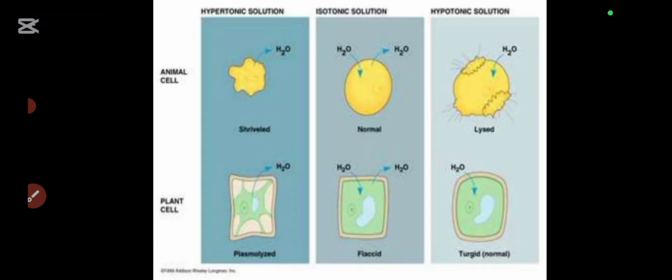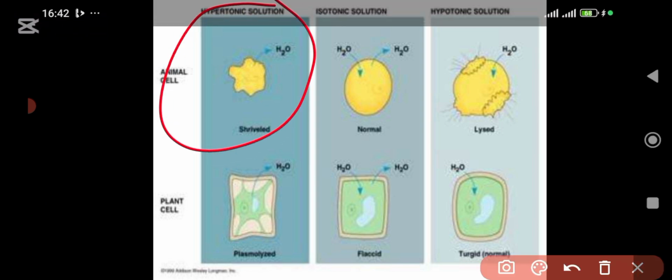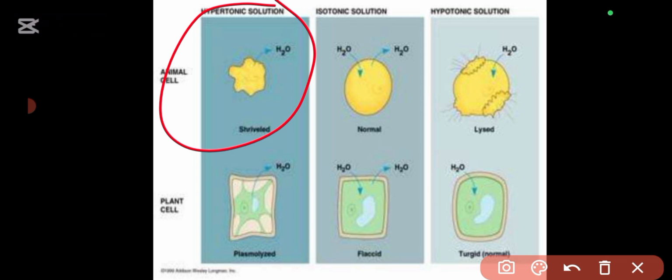Okay. So this slide shows the image of all three conditions. In the hypertonic condition, you see that the cell is becoming shriveled. Why?